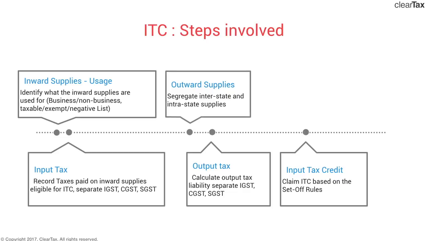Next, you would, of course, supply goods, outward supplies, and you'll segregate your supplies into interstate and intrastate supplies. On these outward supplies, you will calculate your output tax liability and again separate it for the 3 taxes: IGST, CGST and SGST. And finally, you will claim input tax credit based on the set of rules and pay only the net output tax liability. So those are the broad steps involved in input tax credit claim.